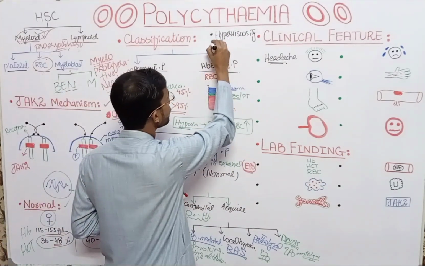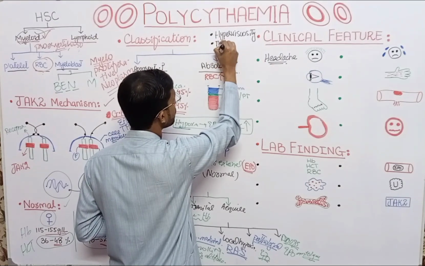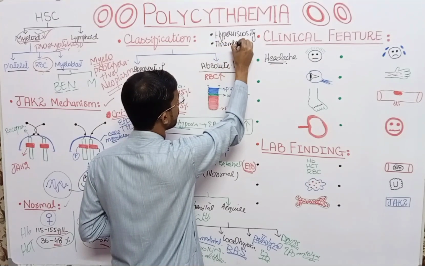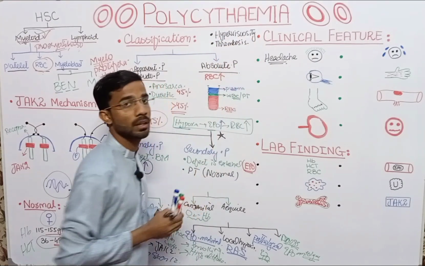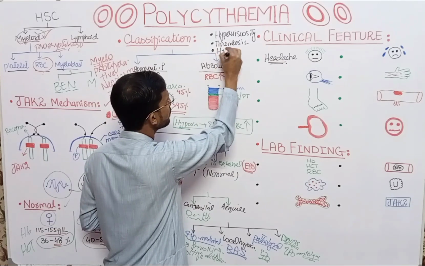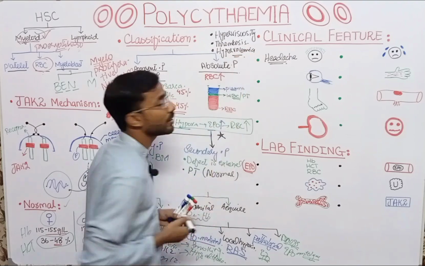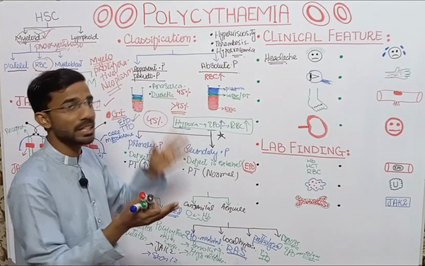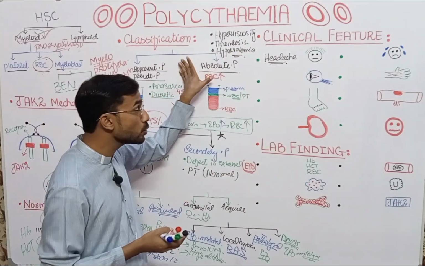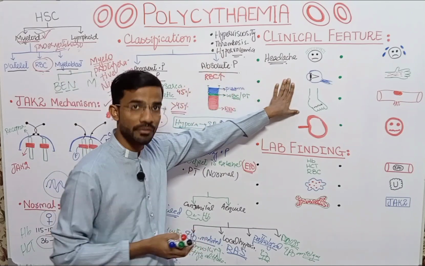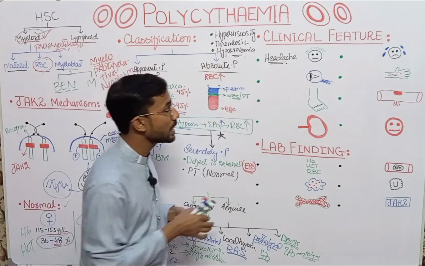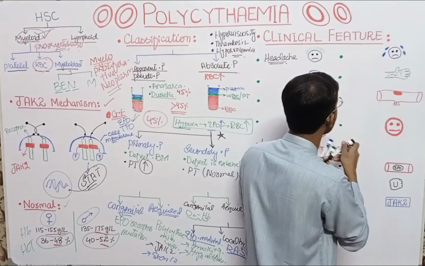Next, you can also see the formation of thrombosis. You can also see hypervolemia. The volume of the blood will increase. So these are basically the different conditions. Due to these conditions, these clinical features will appear. So headache. Second one is night sweating.